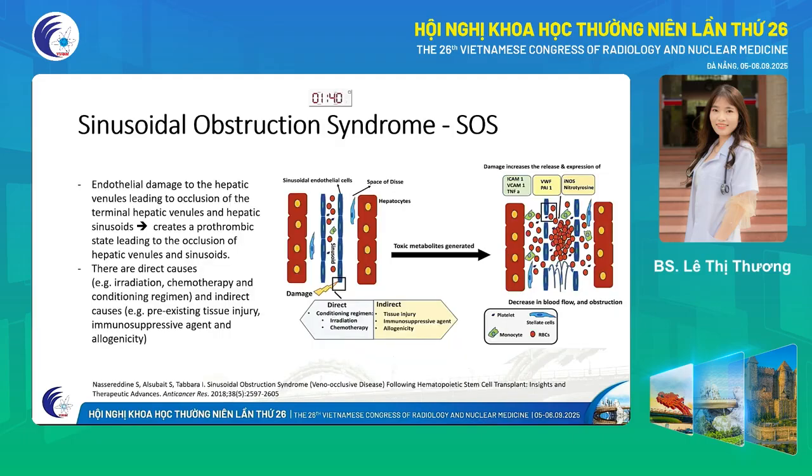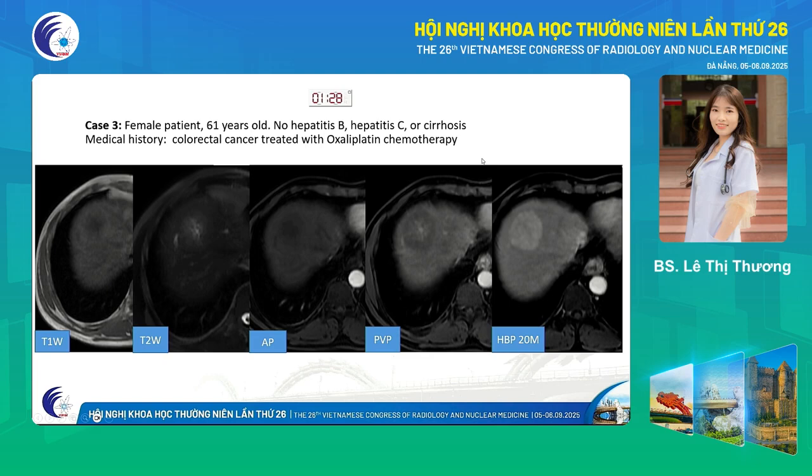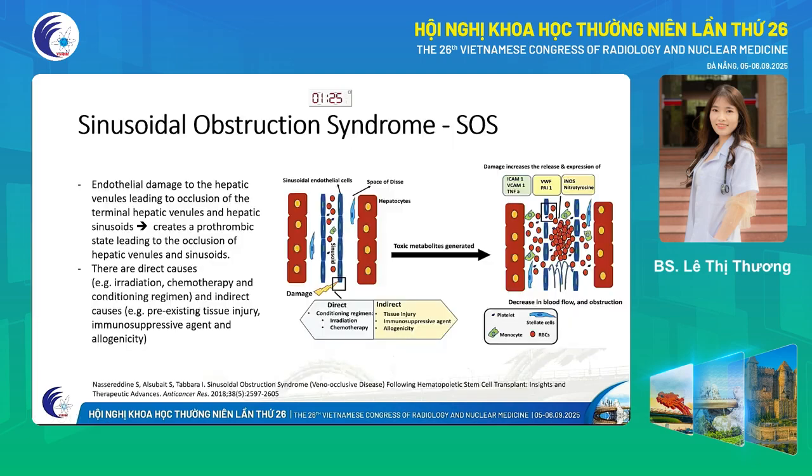So I will talk a little about sinusoidal obstruction syndrome, about the mechanism. Toxic agents cause damage to the endothelial cells of the hepatic sinusoid, leading to loss of sinusoidal wall integrity, extravasation of red blood cells into the space of Disse, and detachment of endothelial cells, resulting in interruption of the sinusoid and central hepatic venule.